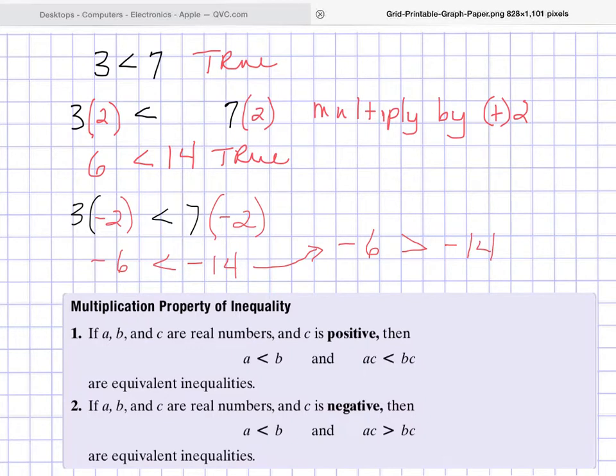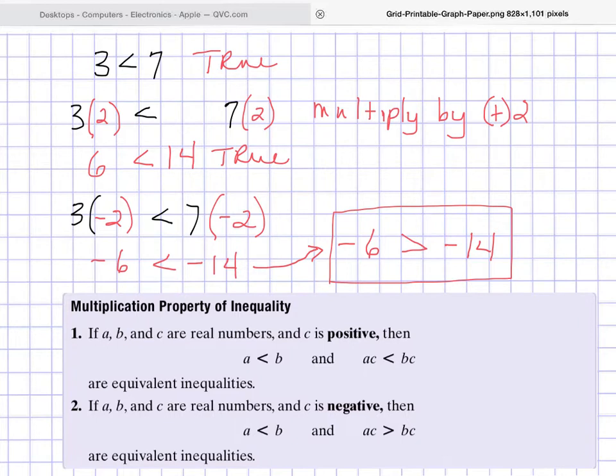Notice I've changed the direction of the inequality from less than to greater than, and now it's a true statement. It's true over here when we multiply by -2.